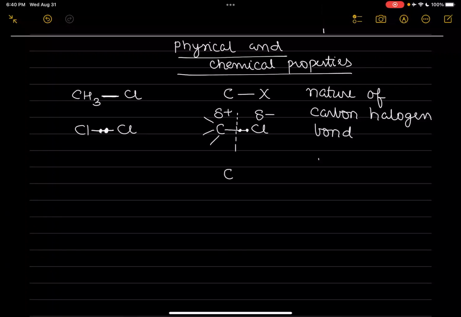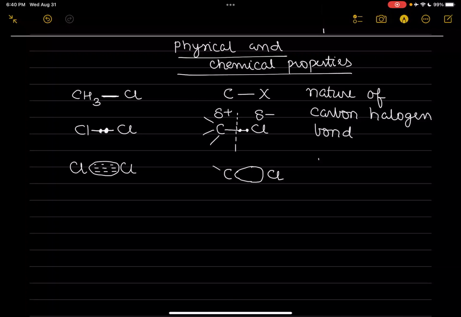You can imagine it in this way also. In chlorine and chlorine, the electron density is actually at the center, right? And in carbon and chlorine, the chlorine is more electronegative and has more tendency to pull the bonded electron pair towards itself, and that is known as electronegativity.